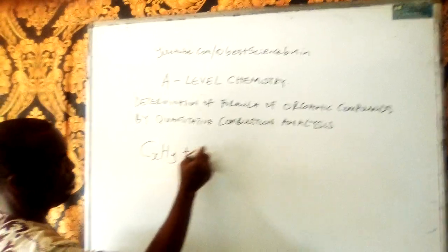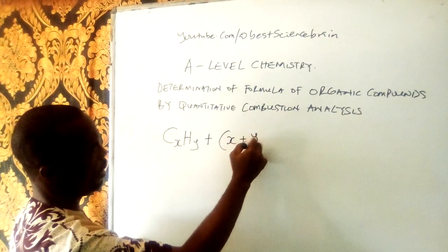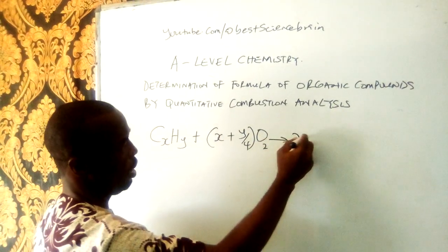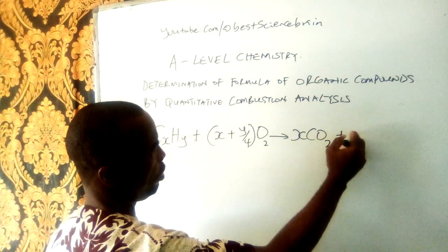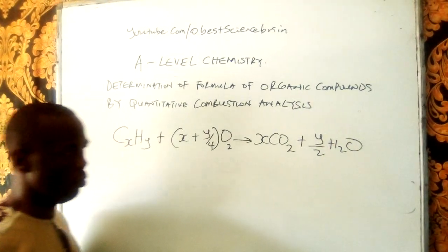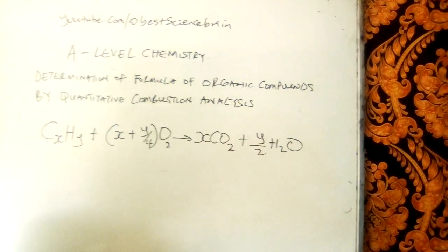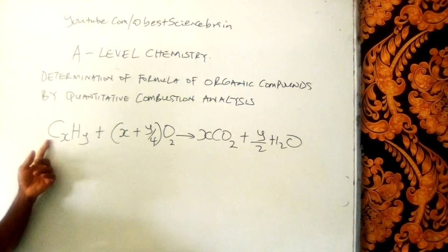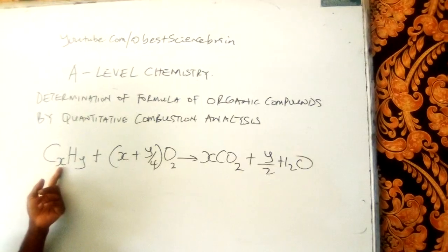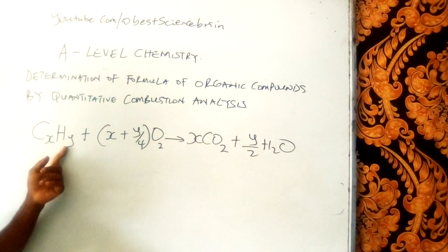CxHy plus (x plus y over 4) O2, giving us x CO2 plus y over 2 H2O. This is the general equation for combustion of all hydrocarbons, where CxHy stands for the hydrocarbon, x is the number of carbon atoms, y is the number of hydrogen atoms.